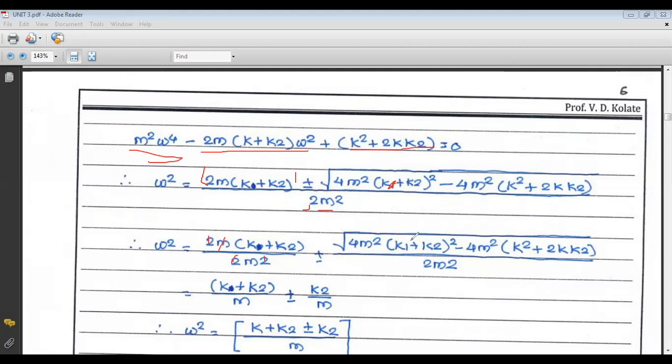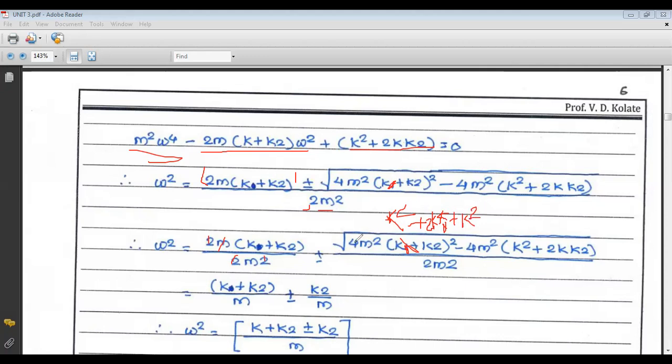Now if we take the term, this is 4m square, now this is (k plus k2) square. So that becomes k square plus 2k into k2 plus k2 square, since a plus b bracket square is nothing but a square plus twice ab plus b square.